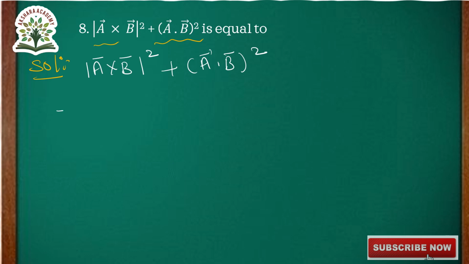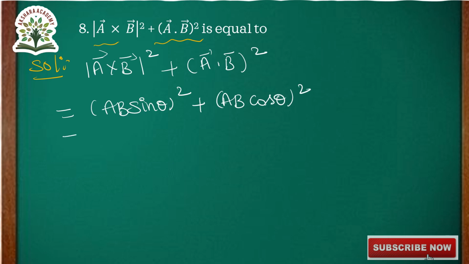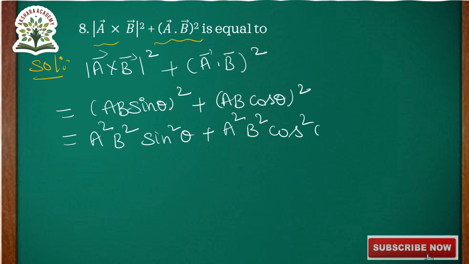Modulus of a bar cross b bar whole square is equal to ab sine theta whole square, and a bar dot b bar is equal to ab cos theta whole square. So this can be written as a square b square sine square theta plus ab cos theta whole square, nothing but a square b square cos square theta.